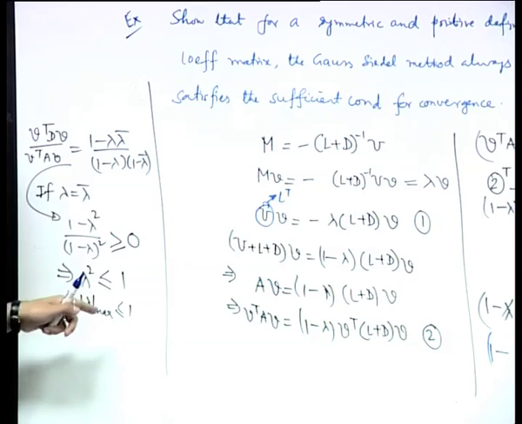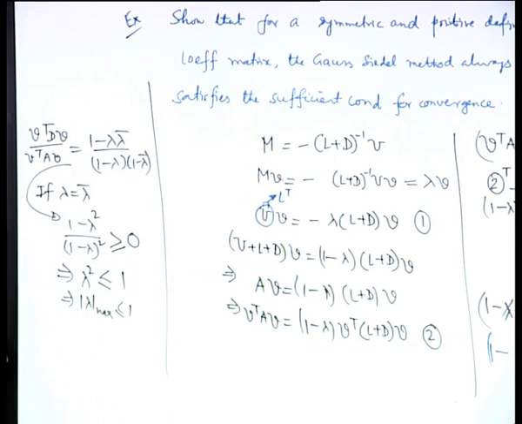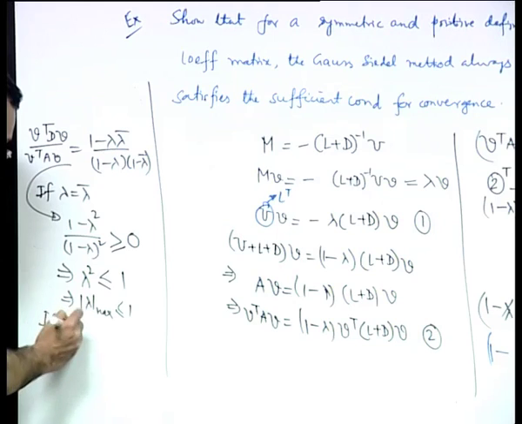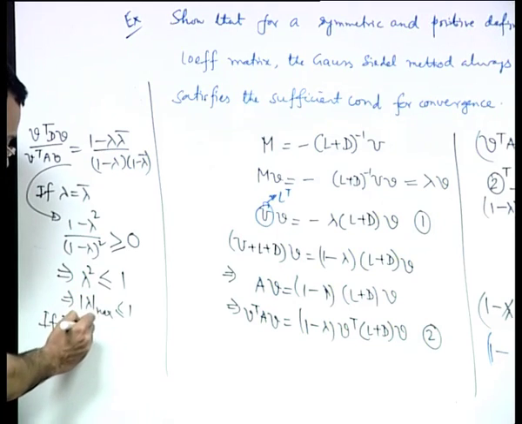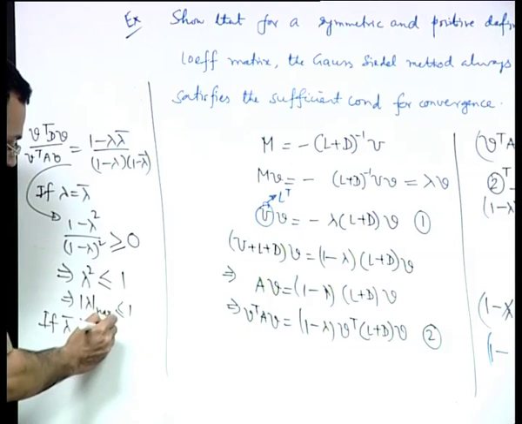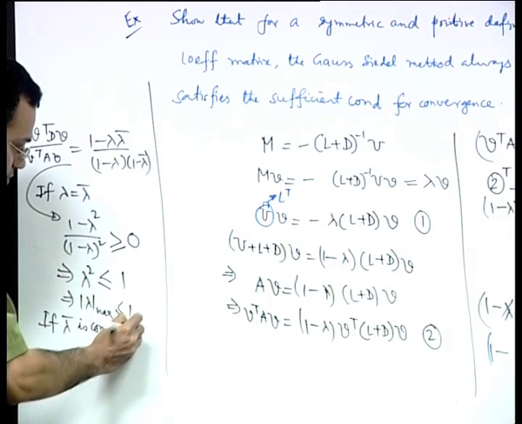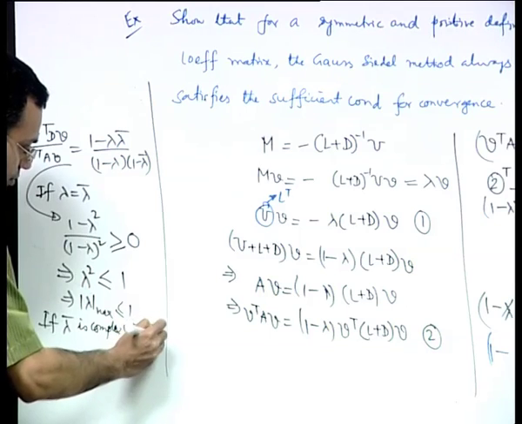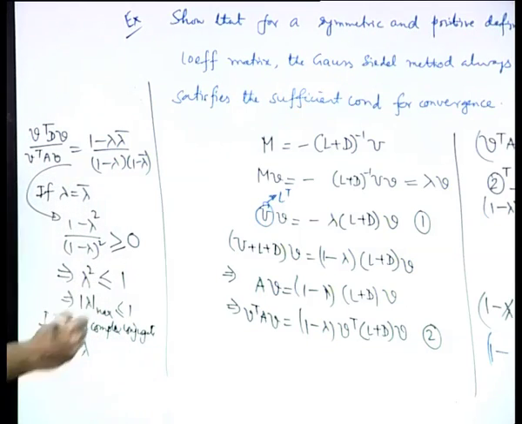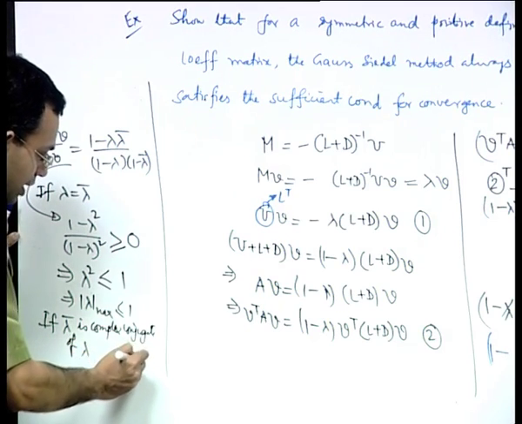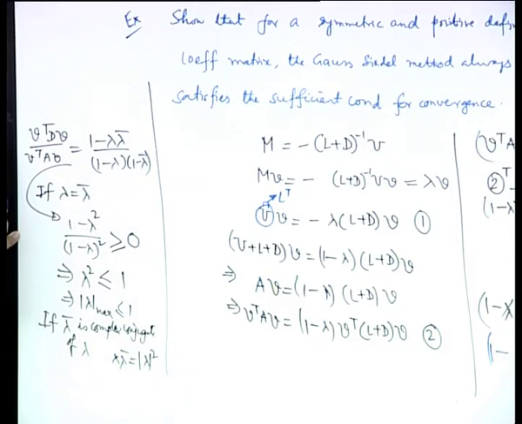If on the other hand lambda bar is the complex conjugate of lambda, that is another example. Then we can write lambda into lambda bar is mod lambda square, right.